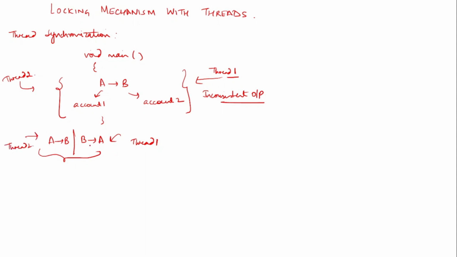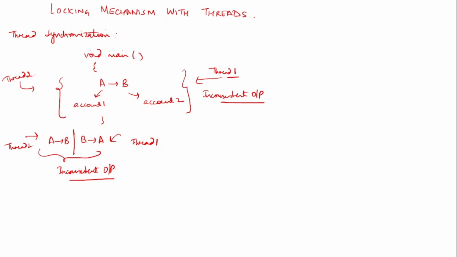Thread 1 is making a transaction from account B to account A, but simultaneously thread 2 comes and makes another transaction from account A to account B. In this case again we'll have an inconsistent output, and the ultimate balance reflected on both accounts may be invalid.